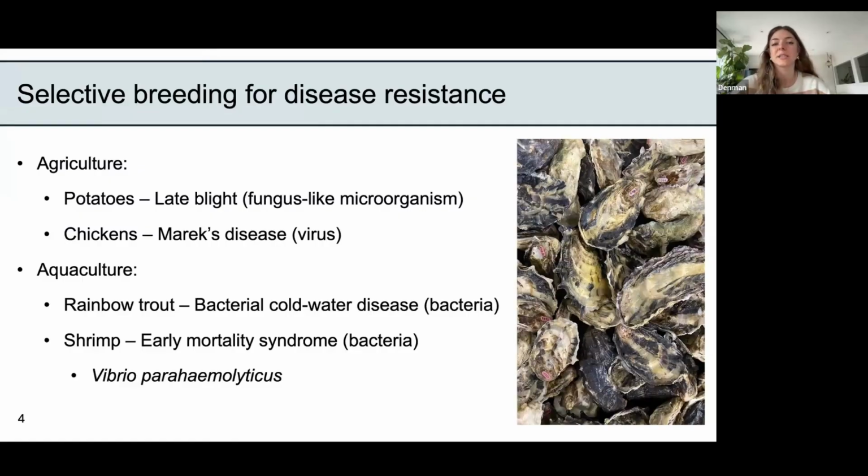We've seen it be successful against fungi, against viruses, and against bacteria. And at the bottom of the screen for the shrimp example against early mortality syndrome, selective breeding was actually successful against another species of Vibrio, Vibrio parahaemolyticus. So we do know that selective breeding can be successful for breeding for disease resistance.